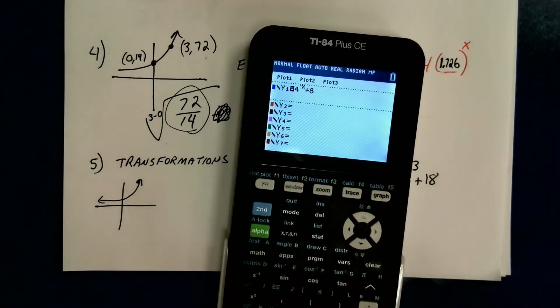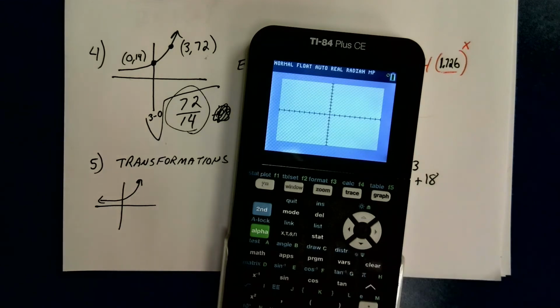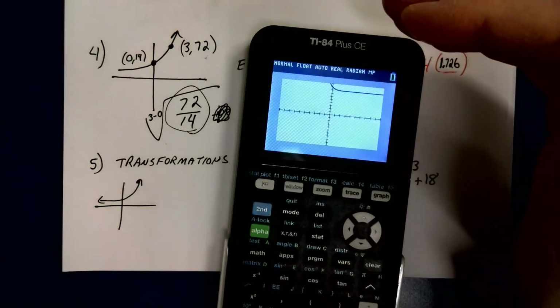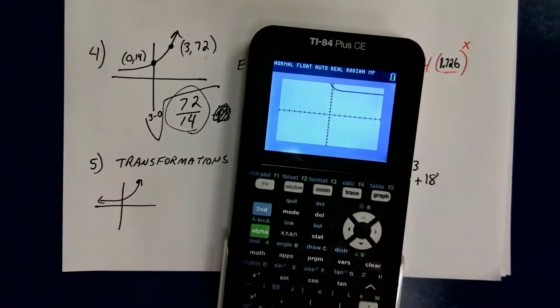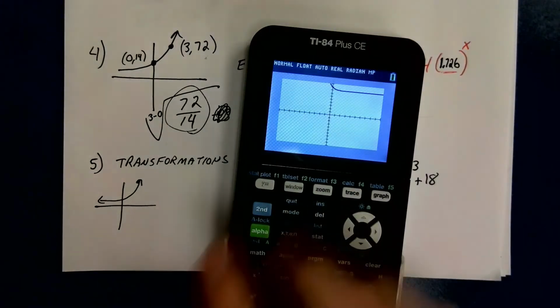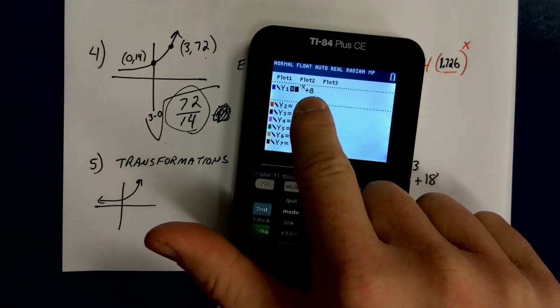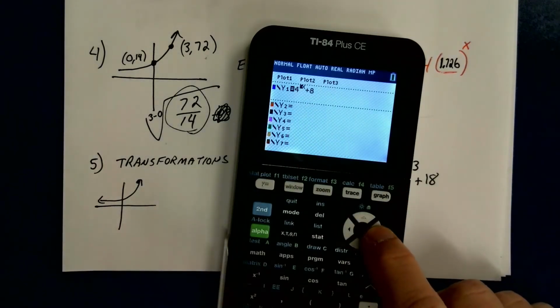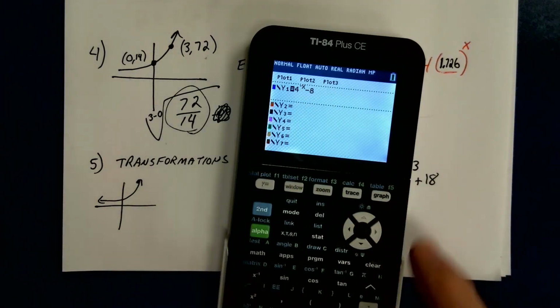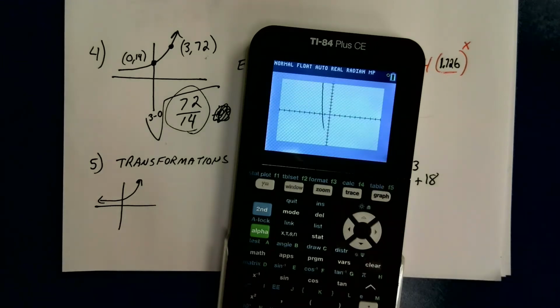Plus 8. Well, that should, like everything else, take that entire thing and shift it up 8 units. Good deal. So if a number plus out here moves it up, would a number minus out here move it down? Look at that, and it does.